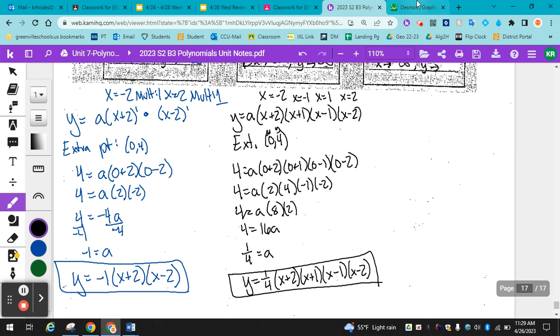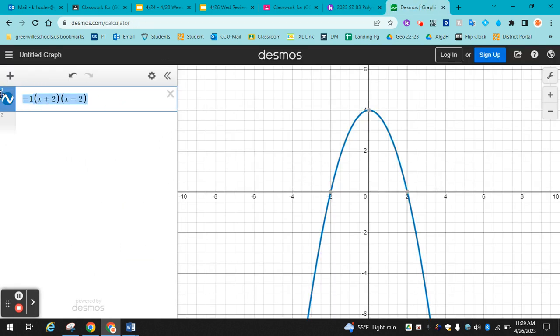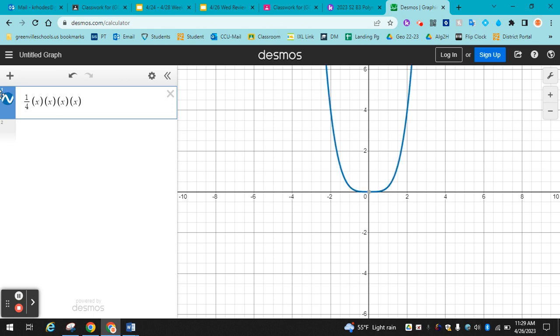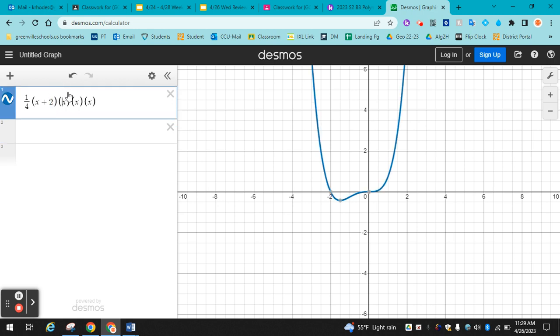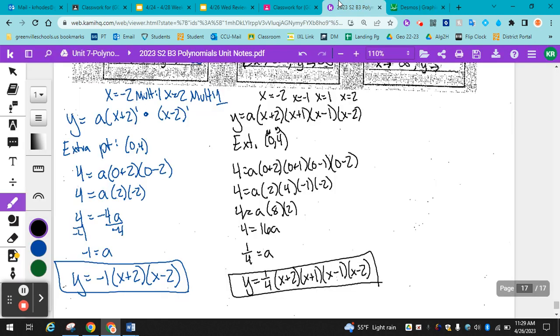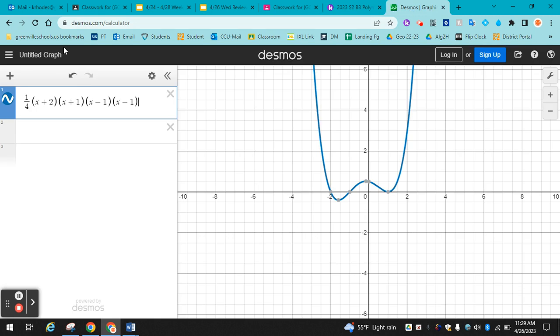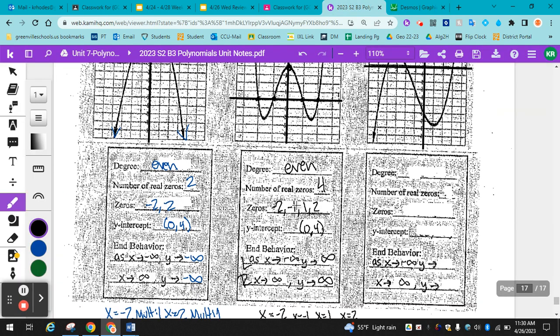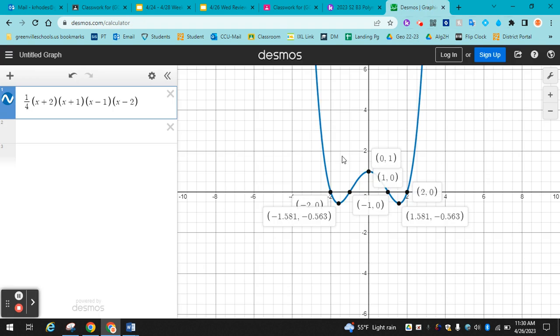And again, you can check it if you plug it in, plus 2, plus 1, minus 1, minus 2. There we go.